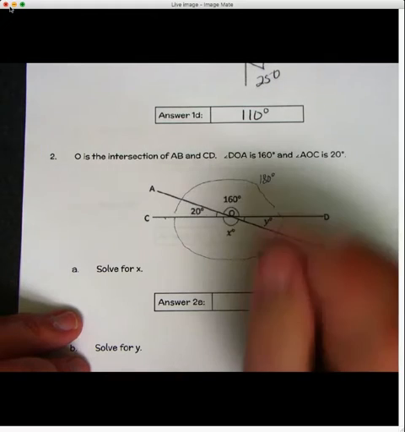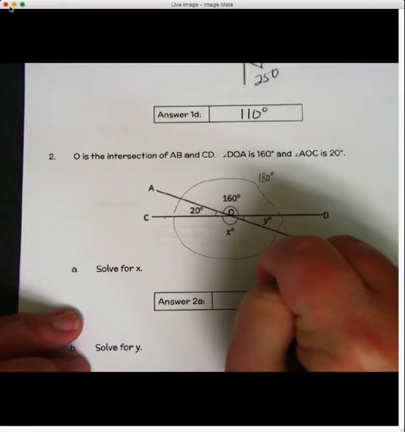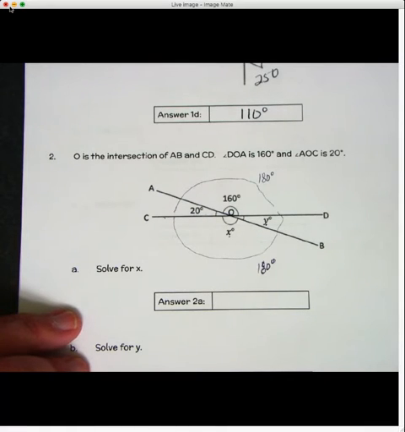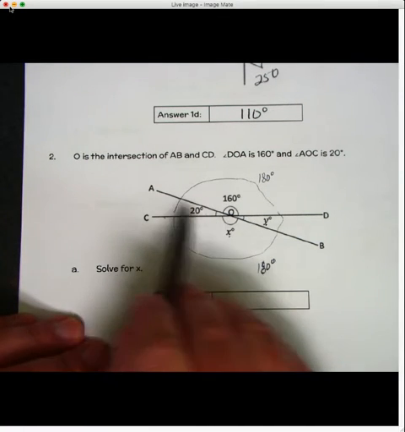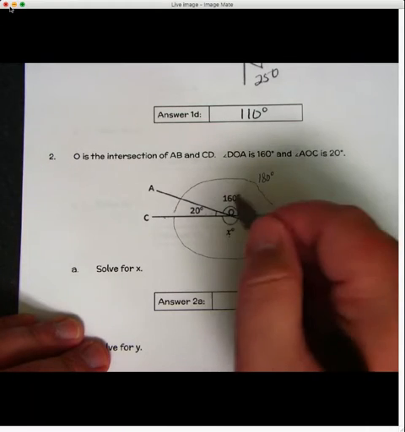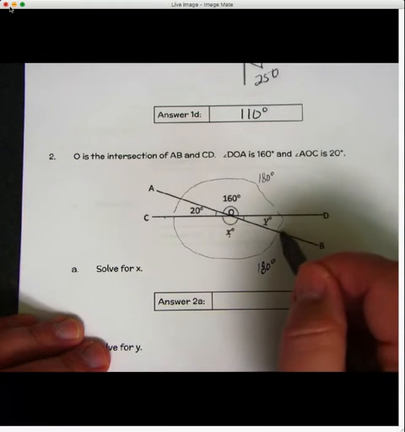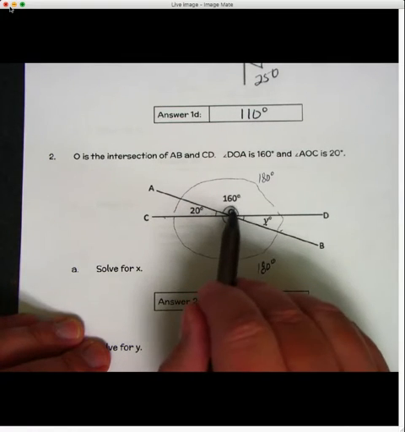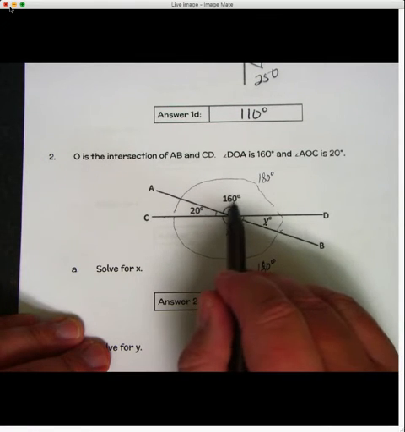But the problem is, well, we don't know what that one is, and we don't know what that one is. So we're going to have to look at the intersecting lines to find out. And so here's what we're going to do. If we go from A to B, we say that's a straight line too. So from A to B is a straight line, and that's 180 degrees. And we know that this angle right here is 160.